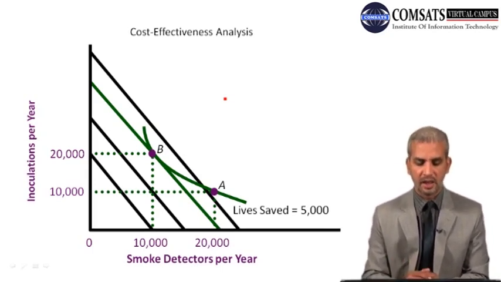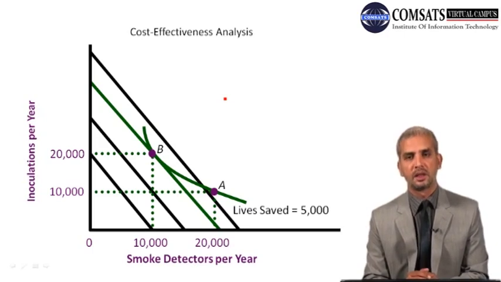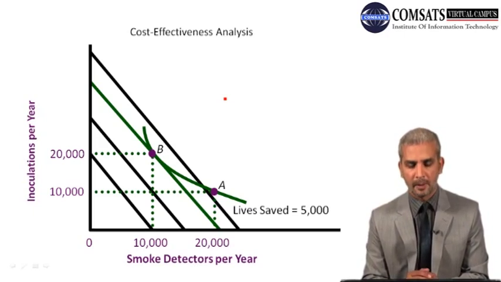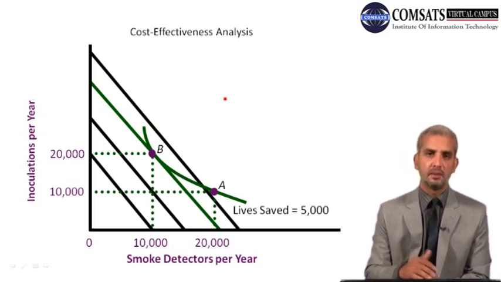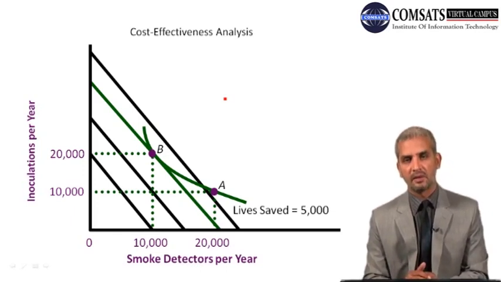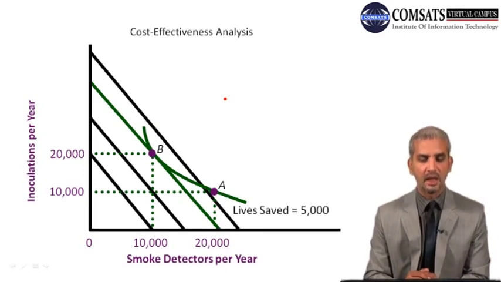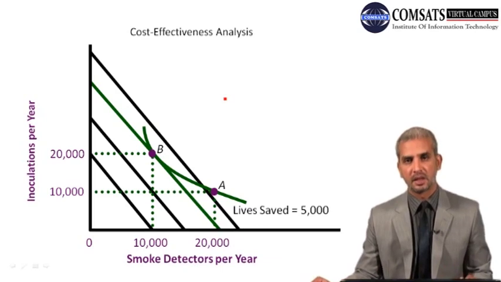So they might choose point A, again representing the 5,000 saved lives, with 20,000 smoke detectors per year and 10,000 vaccinations per year by the government as a public good, but point A is more expensive than point B. So the same objective of saving 5,000 lives can be achieved at a lesser cost, which is the purpose of cost effectiveness analysis.